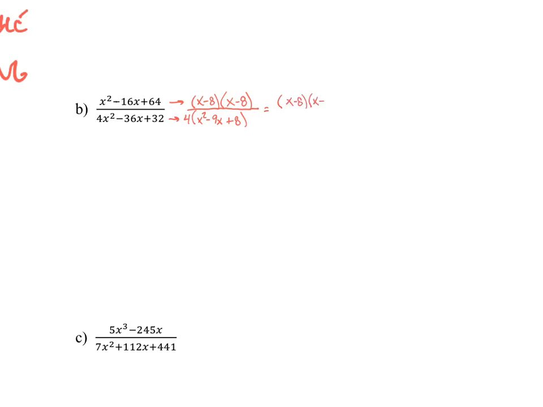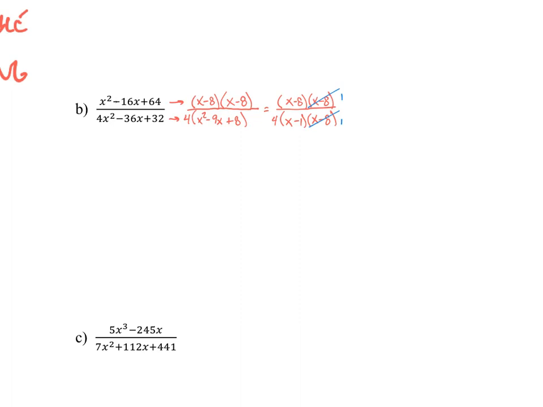Alright, my numerator hasn't changed, but my denominator would be the same as 4 times x minus 1 times x minus 8. Right? -1 times -8 is 8, and -1 plus -8 is -9. So now that I see that there are some common factors in the numerator and denominator, I can cancel out an x minus 8 from each.